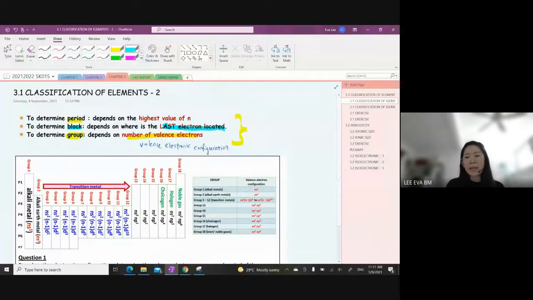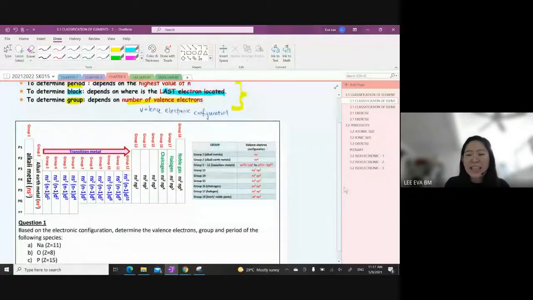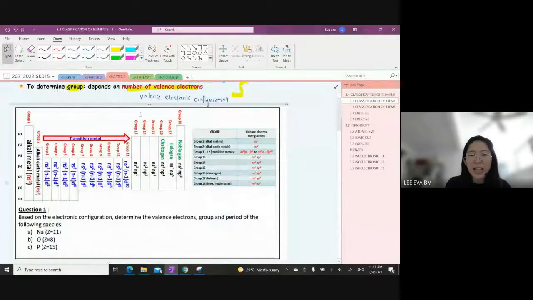So let's look at another way of presenting your periodic table. If you look at the table over here, you can also refer to your notes that you have printed out. If we focus on group 1 over here, group 1 is the alkali metals. The valence electronic configuration will show as ns1.